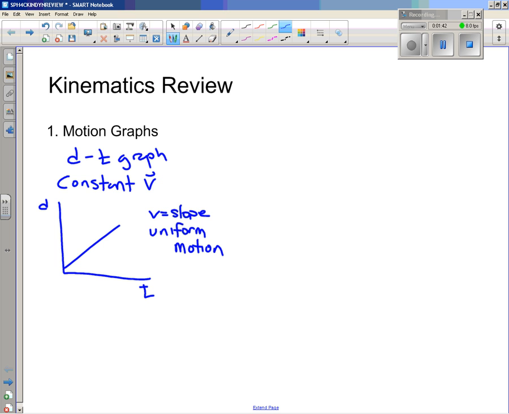Now, the non-constant velocities are accelerating. And they're always going to give you a curve on a DT graph. This would be an example of something that's speeding up because the slope is increasing. It's going from shallow to steep.